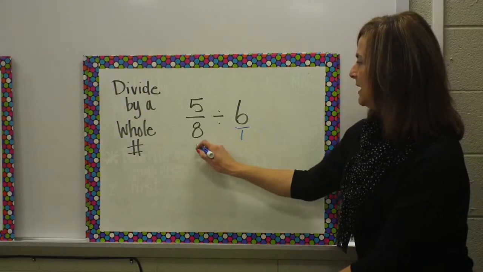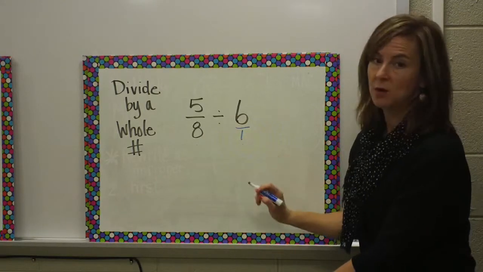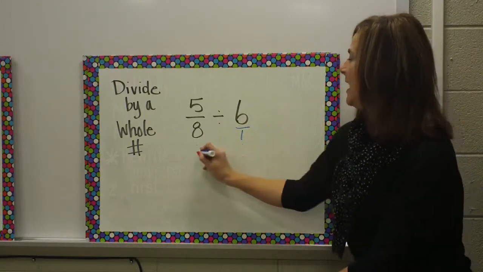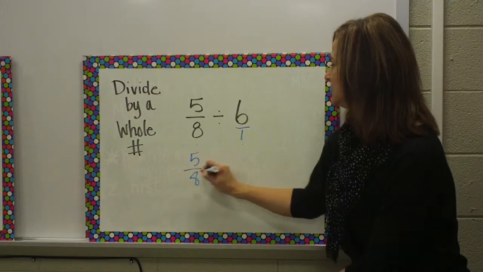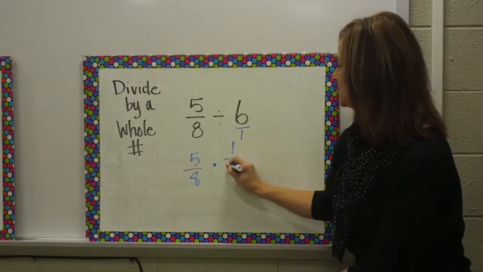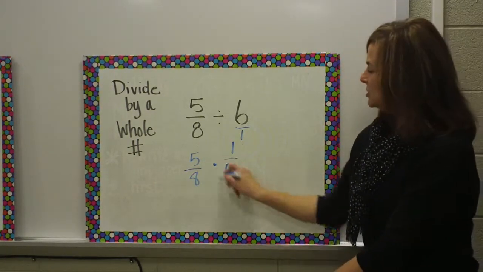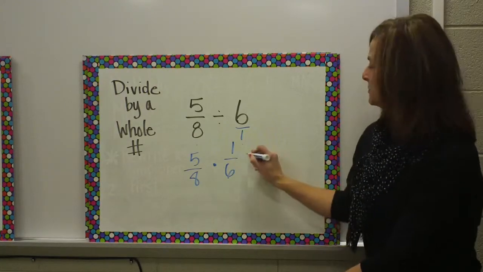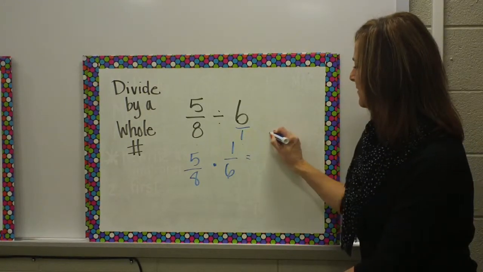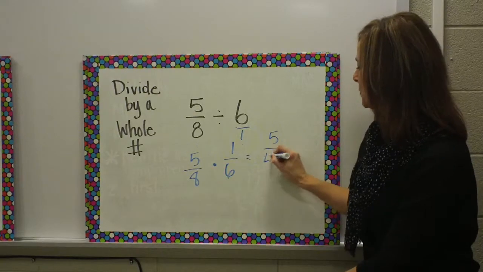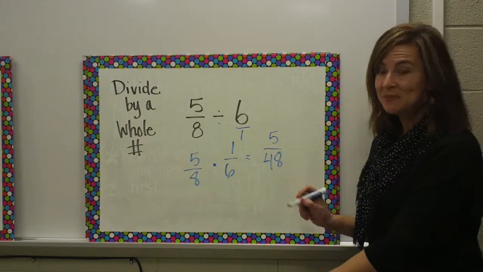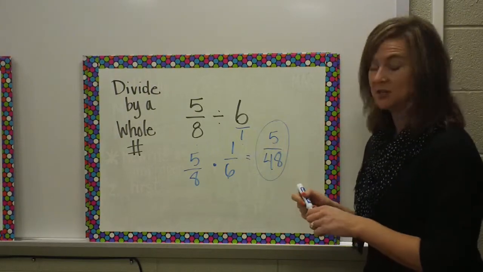Then I'm going to keep, flip, change, or copy, change, change, and I'm going to have 5/8 times 1 over 6. Checking my cross products, I can't simplify, so I'm just going to multiply across. 5 times 1 is 5, and 8 times 6 is 48. And I can't simplify that anymore, so there's my final answer.